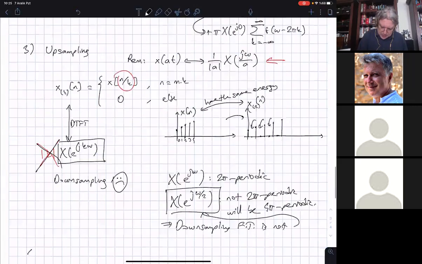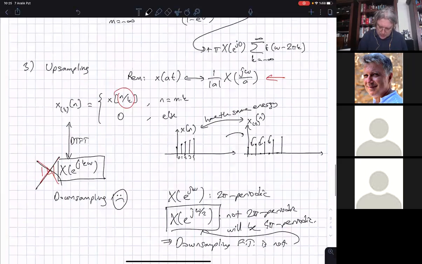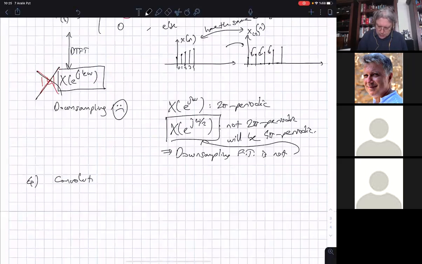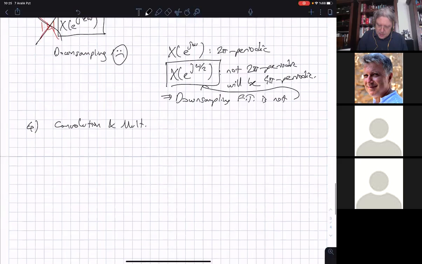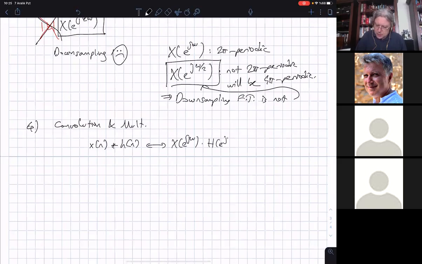Which is that? The fourth property, convolution and multiplication. The convolution is simple. We know it, right? X of n convolution with h of n will have a discrete time Fourier transform corresponding to x of e to the j omega times h of e to the j omega.